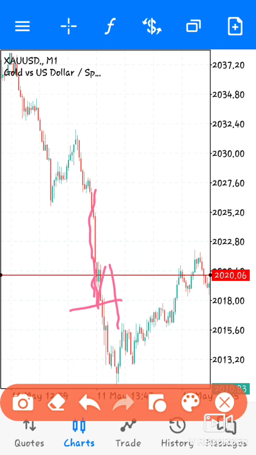After taking them out, it created another liquidity here, which is this very one. Then price came down, took them out, before coming back and moving upward.